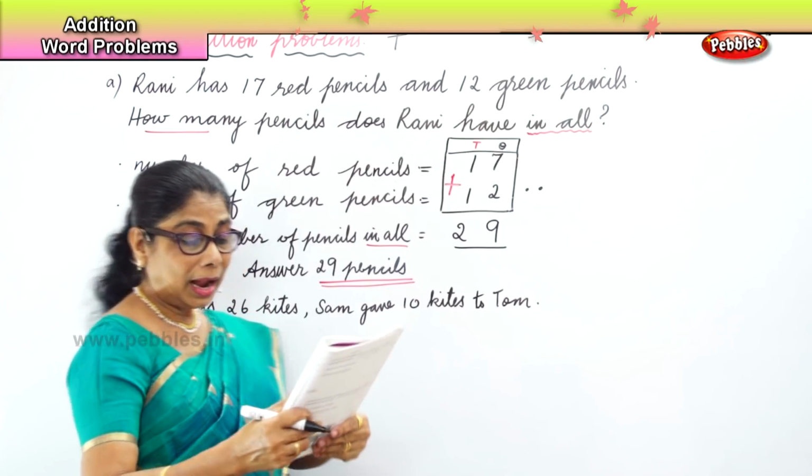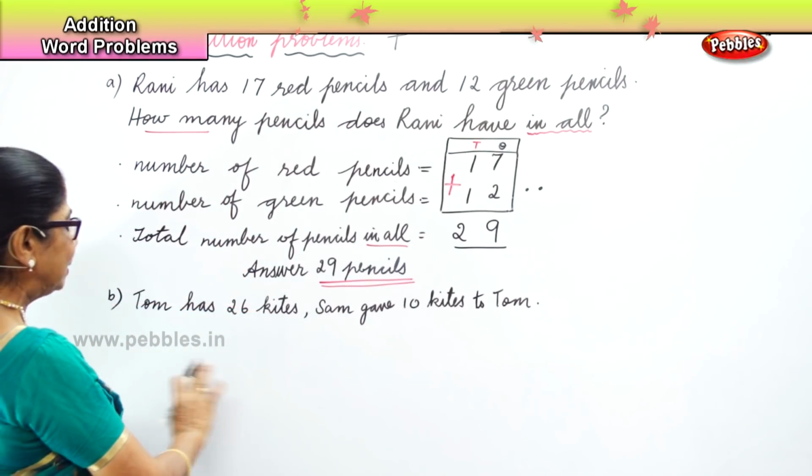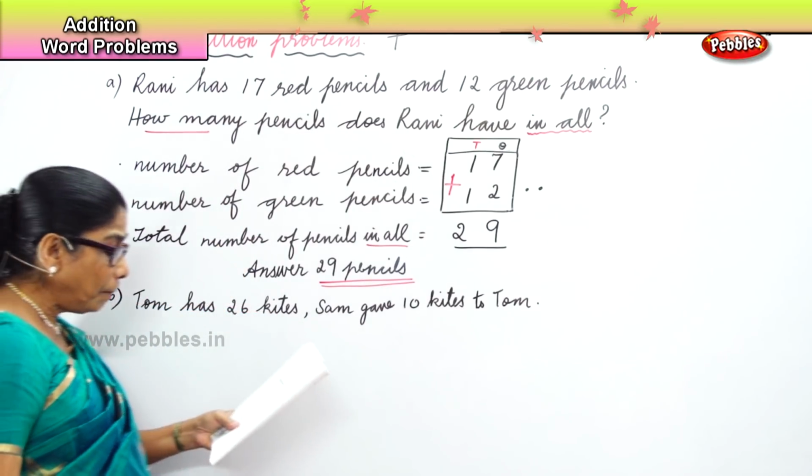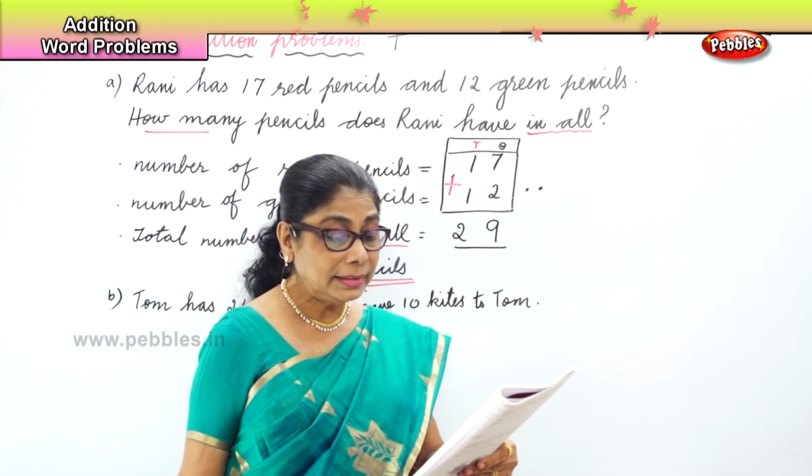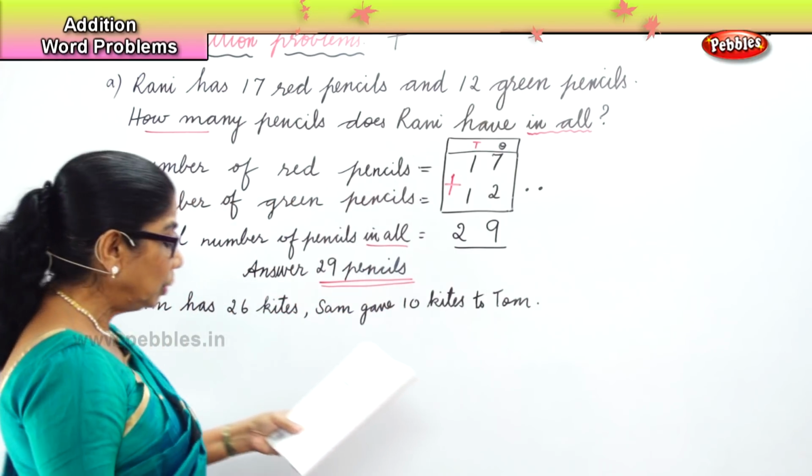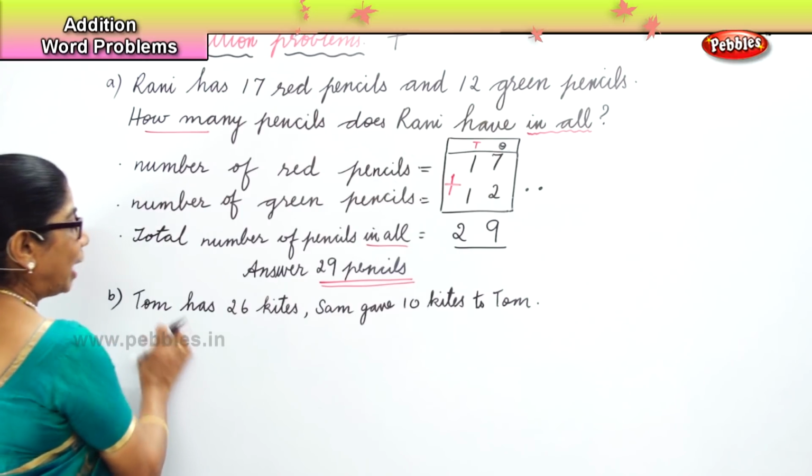Now, how many? The question here is, how many kites does Tom have in all?